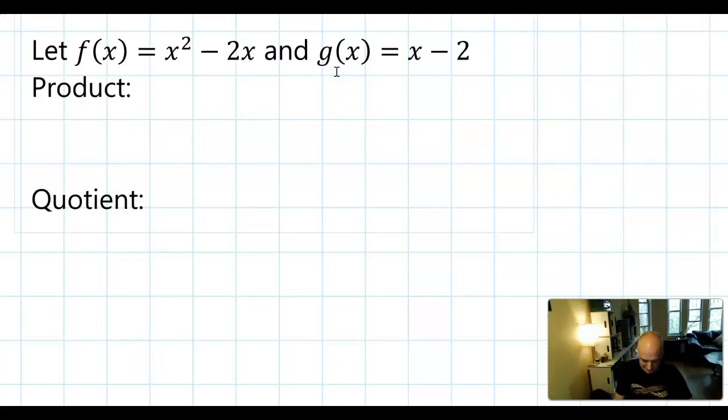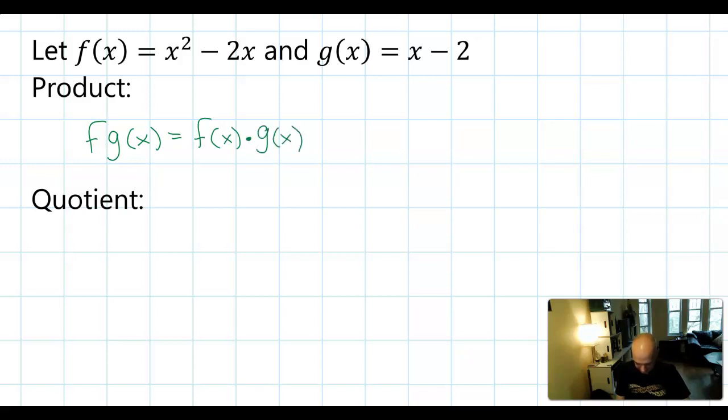You might also be asked to do the product of two functions. That will be written as (fg) of x. And this is asking you to do the equation for f of x times the equation for g of x. If you get into the situation where you have two terms in each of the functions, you do have to use the distributive property.